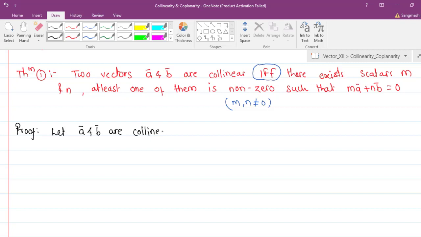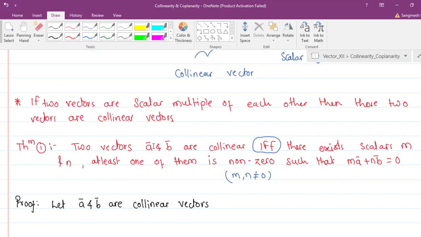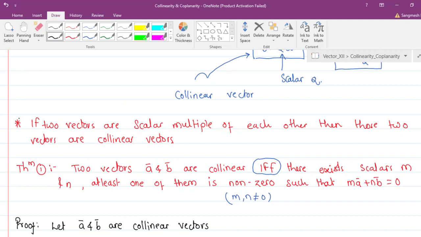What is given, that itself we are assuming: collinear vectors. Suppose a bar and b bar are collinear vectors, then what can you comment here? See here, we can comment this one. If two vectors are collinear vectors, then they are scalar multiples of each other.